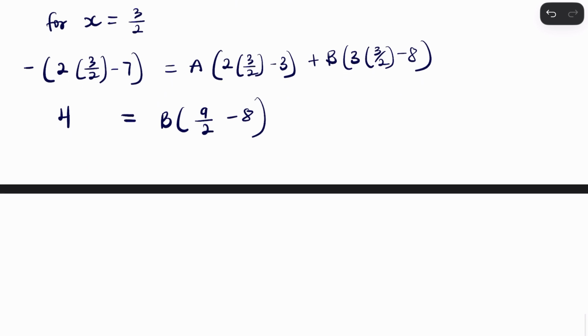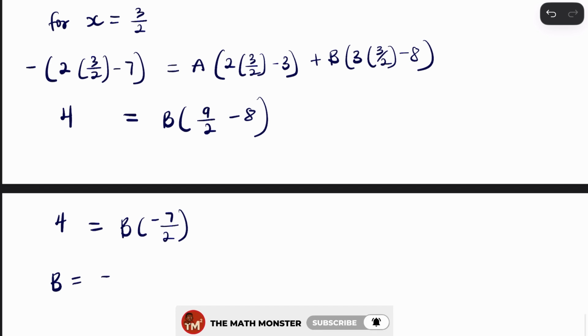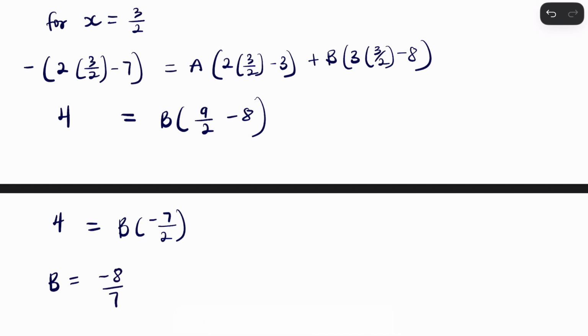We now have to simplify this expression. So that's going to give us 4 is equal to B times (9/2 - 8), which is -7/2. So simplifying this, you have B to be equal to -8/7.